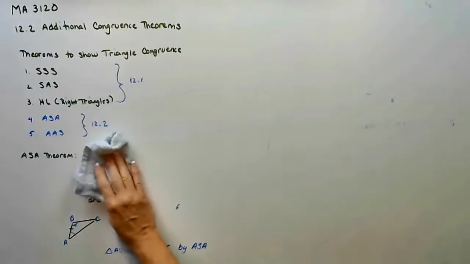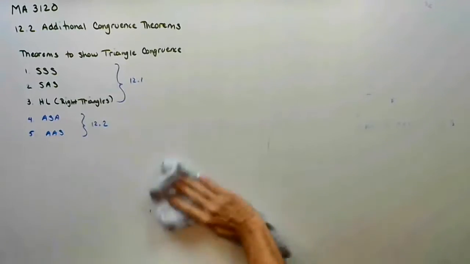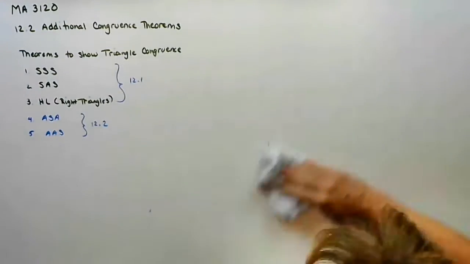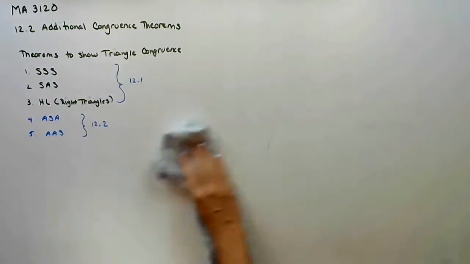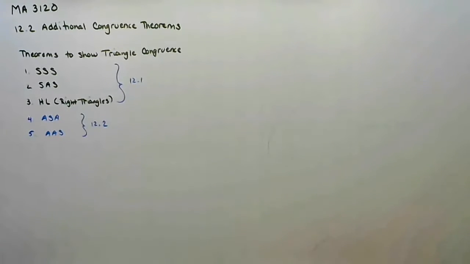So I'll leave these listed so we can take a look at them. So let's first identify and practice through observation what each one might look like, and then we'll start some proofs.